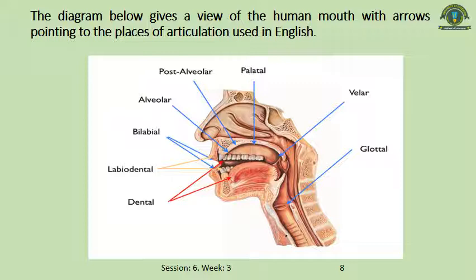So I don't want to talk about it theoretically only. That's why I'm presenting certain diagrams again and again to you people. Why? Because I want you to store each and everything in your mind. It's very important. The visuals are all the time to assist the words. That is my sole purpose, to present again and again some diagrams in a new shape. All right, now this time it's very simple. It is a view of the human mouth. It's quite simple, but it tells you what the areas are: dental area, labiodental area, bilabial area, alveolar area, of course attached with this the post-alveolar area, palatal area, velar area, and glottal area.